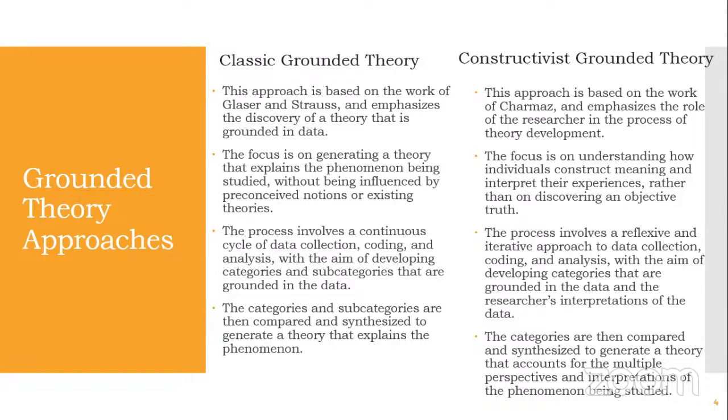Okay, so here also we are following the same method of data collection, coding, etc. But it not only includes the observations that you are taking into consideration, but also the researcher's interpretation of the data. That is also of supreme importance in constructivist grounded theory.